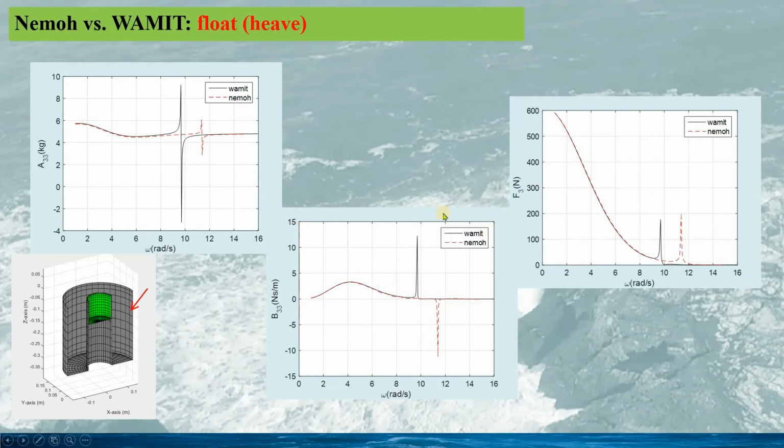In fact, these differences are caused by the internal free surface, the water column in the middle of the float. Otherwise, this cylinder would be very similar to the previous one. Here, we can see again the radiation damping coefficient has a large negative spike, which may not be very physical.